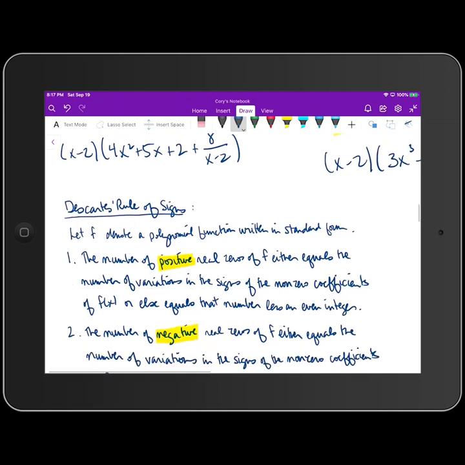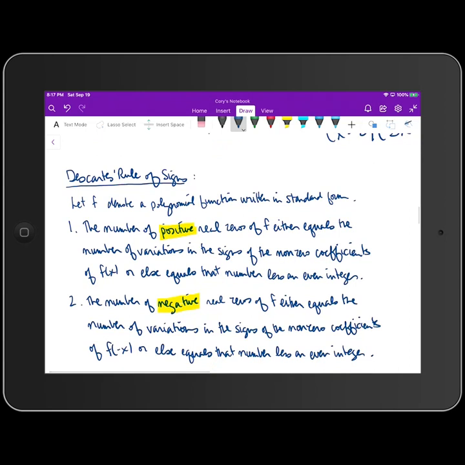So Descartes' rule of signs says to let f denote a polynomial function written in standard form. And then it's 2 parts.